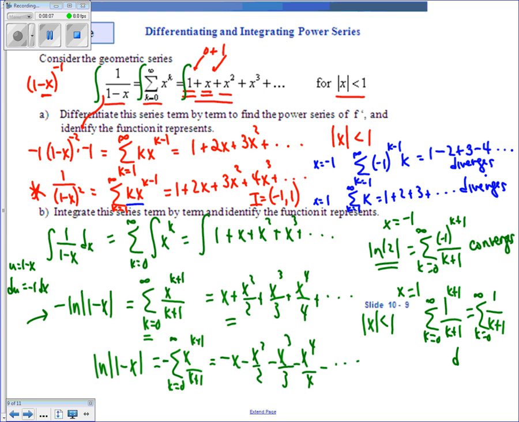So we know that this one diverges. So the interval of convergence here will be from negative 1 to 1. So that was our interval of convergence. But we've got a new power series now, and this one's going to be very helpful in a little bit. We know the natural log of the absolute value of 1 minus x is equal to that infinite series.